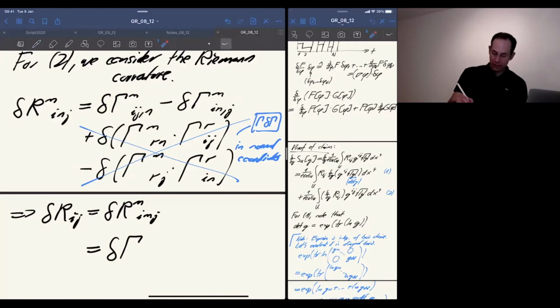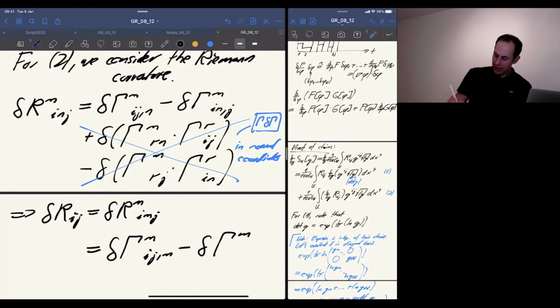So what I get is delta gamma m ij comma m, that's not a semicolon, it's a comma, that's the derivative, as you remember, and delta gamma n in comma j. So I should now really remind you that these commas mean partial derivatives.